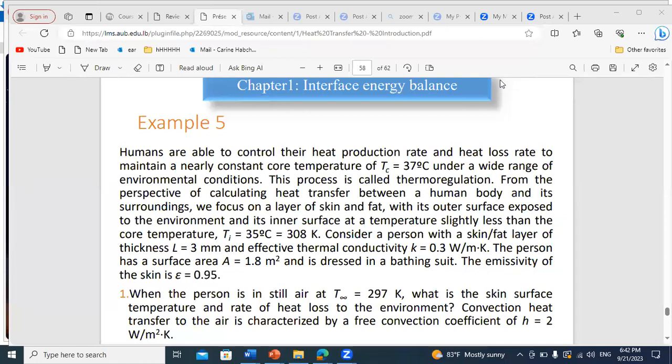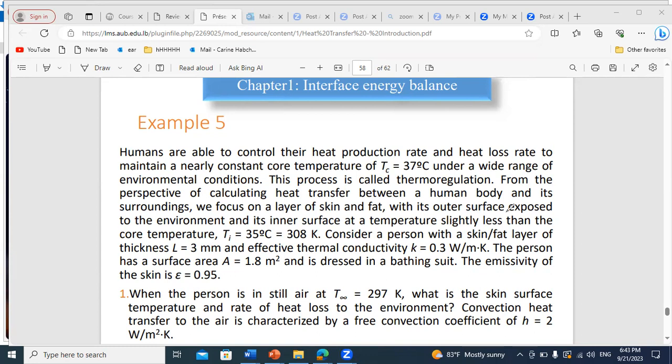So what we will do first, we want to find the convection heat transfer from the person to the environment, if we consider that first the person is in still air at T infinity equal to 297 Kelvin, and we will compare this after with the heat loss if you have water.